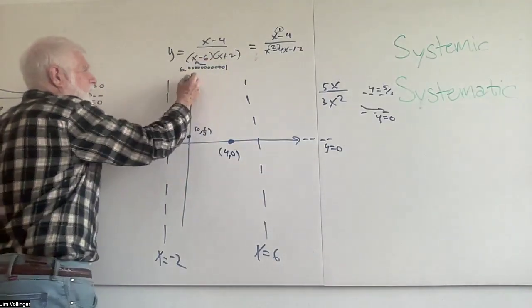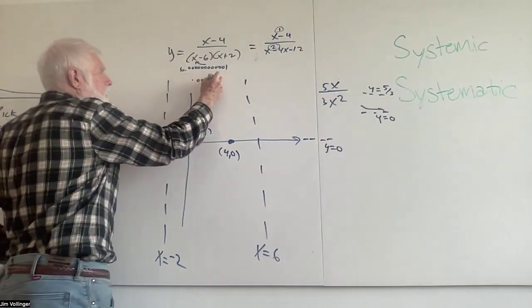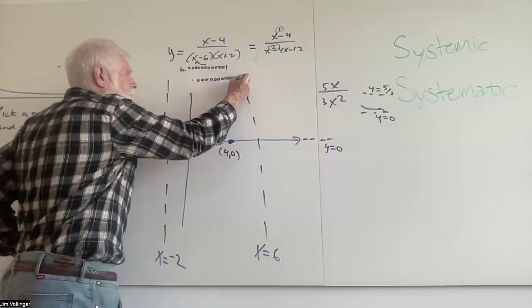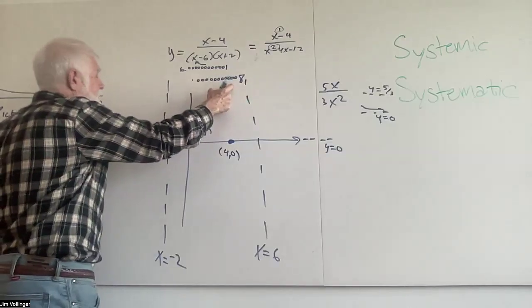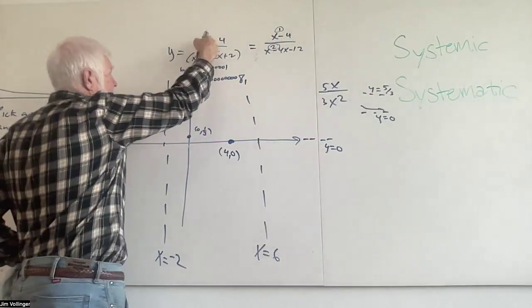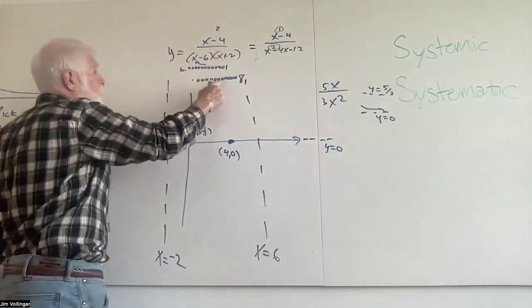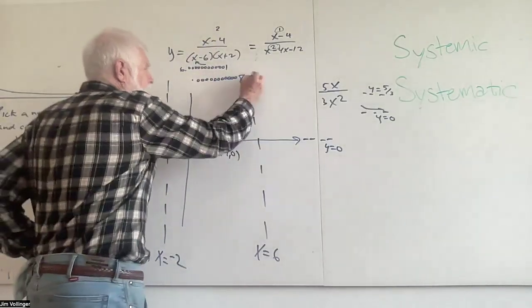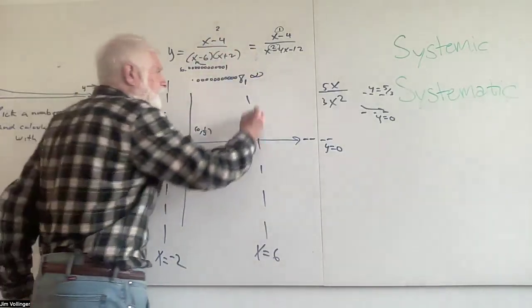I'm going to get a number like 0.08. I'm going to get numbers like that. If I put a number like 6 in here, I'm close to 2. That number into 2, whoa, a lot of times it's going to positive infinity.